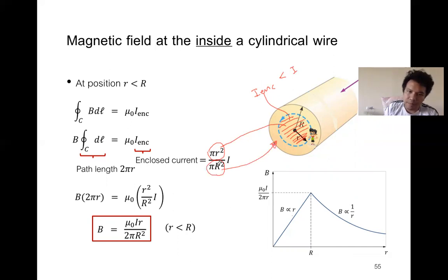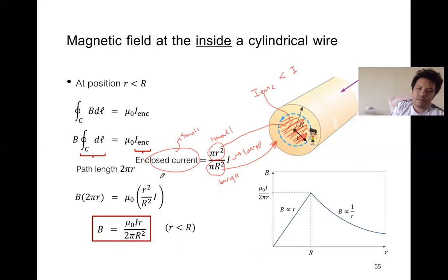We use the ratio of the small area divided by the large area, and then multiply this by the large current. So we have the enclosed current, the small current within this circle.